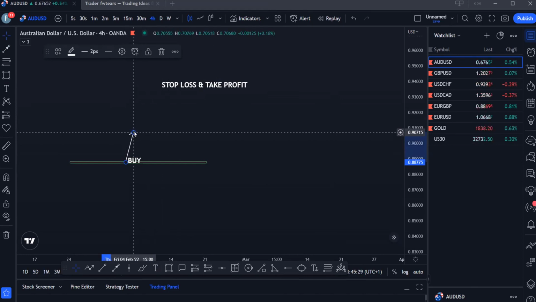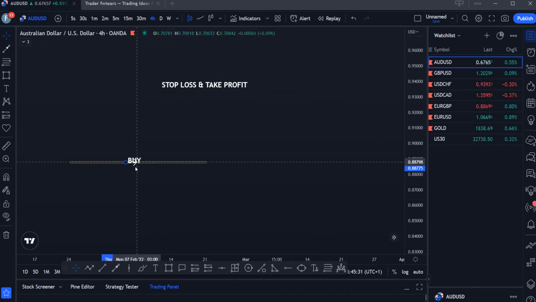But at times price wouldn't go up, price will go against you. Now, as price is going against you, you are losing money. Okay. So in order not to lose the whole of your capital on one trade, that is where stop loss comes in. So stop loss helps you to minimize your loss.